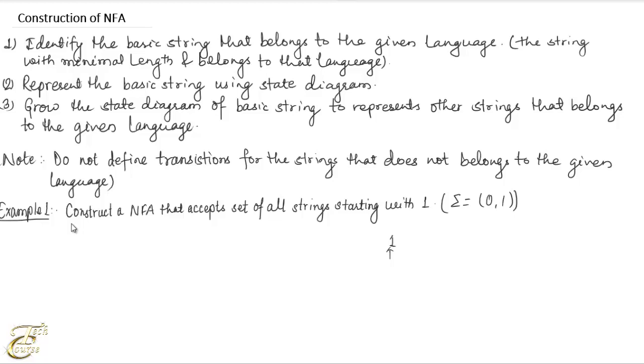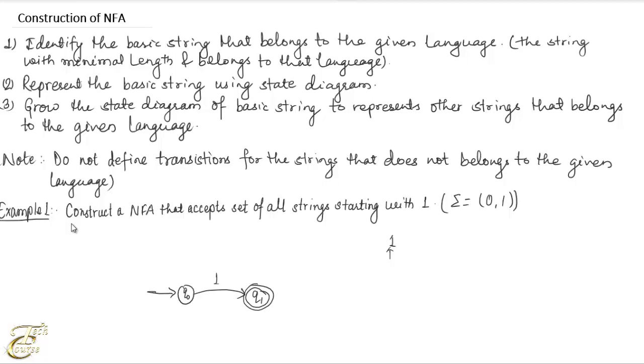So we start with the starting state Q0. Now reading this symbol in Q0 state leads to the next state Q1. Since this string belongs to this language, we make Q1 an accepting state. Now we will grow this basic state diagram to represent the other strings that belong to this language.